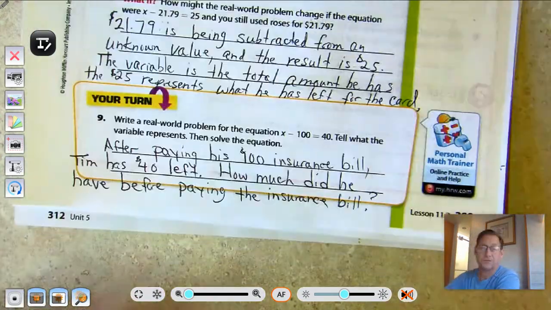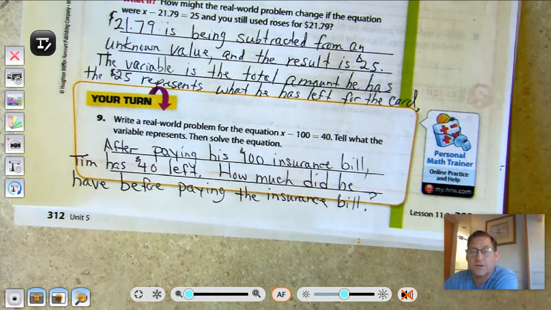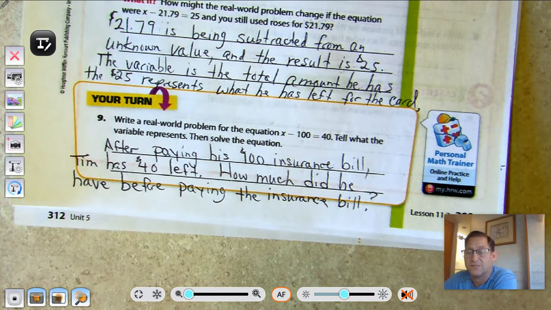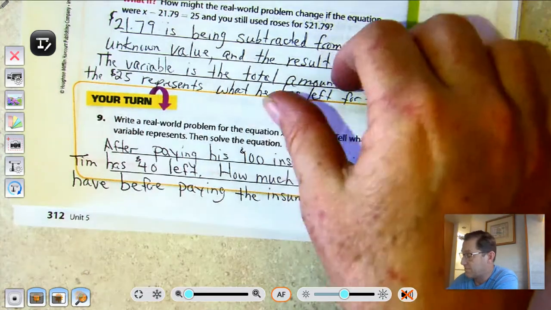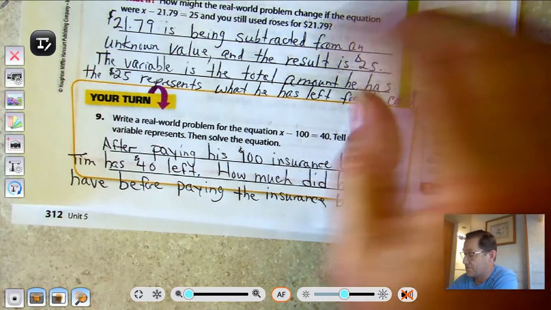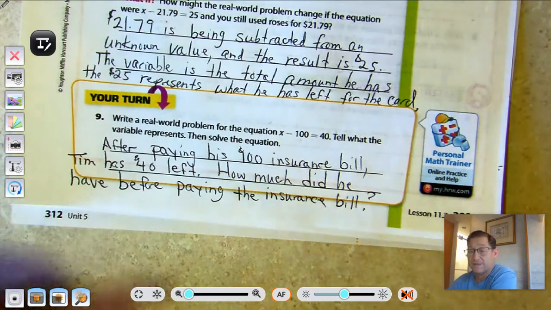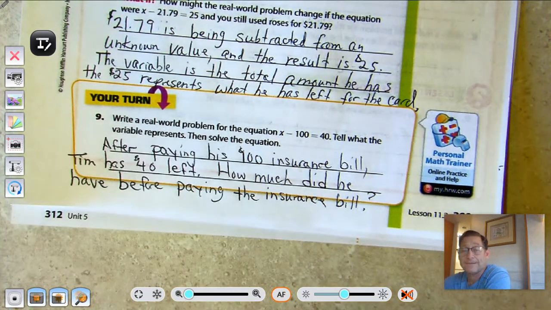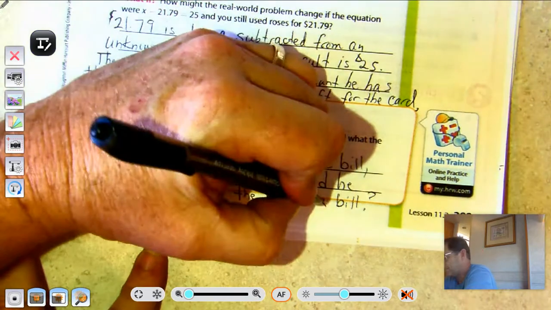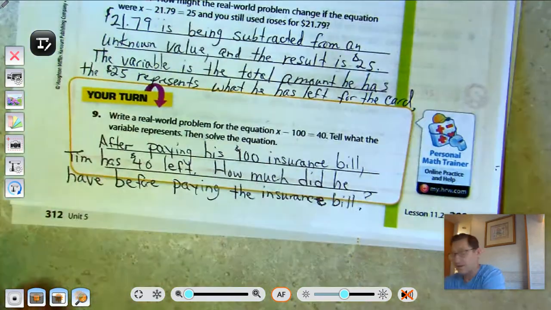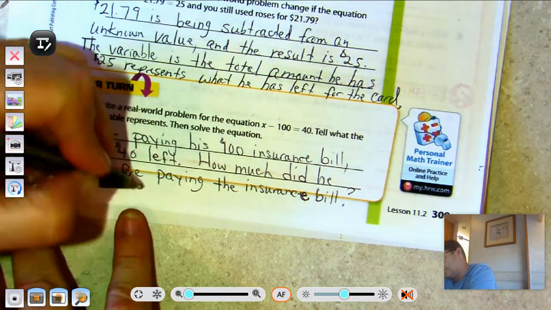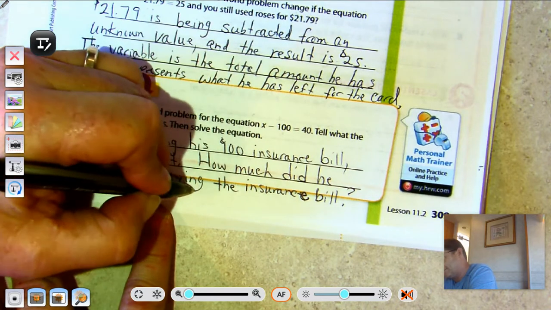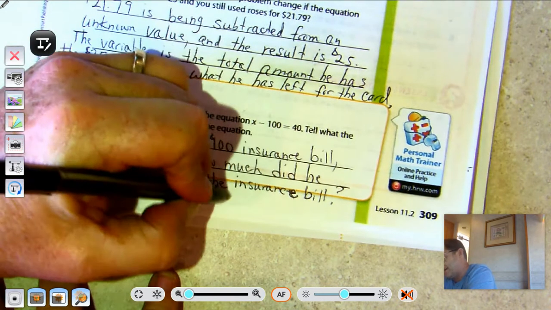All right, after paying his $100 insurance bill, Tim has $40 left. How much did he have before paying the insurance bill? So there are many possibilities, right? It just has to be some amount that you take 100 away from, leaving you with 40. It doesn't have to be money. What does the x represent? We're going to use x to represent that amount that he had.